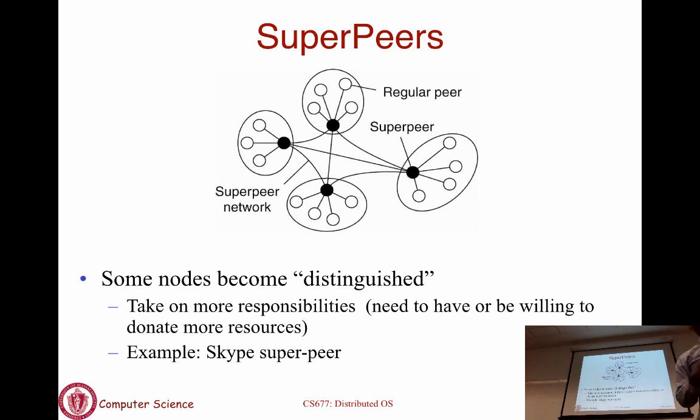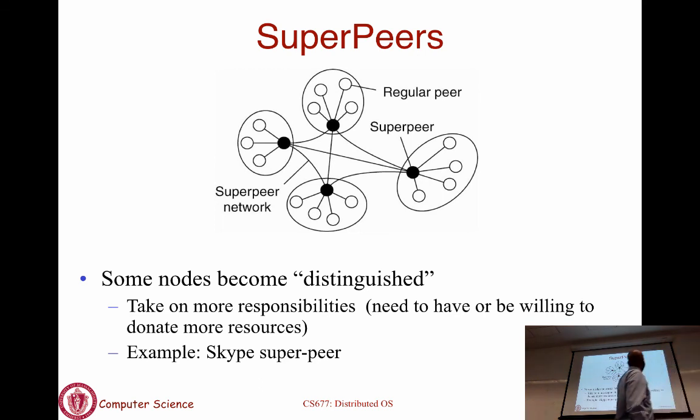Okay, rather than having a pure unstructured topology of this form, you say let the peers make groups, and then within those groups you elect a leader. Okay, and so that leader is going to be called a super peer. Okay? And the responsibility of the super peer is to answer queries on behalf of all those other peers in its group. Okay? So flooding is only going to occur within the super peers, not all the other peers. Okay? So it limits the amount of query routing that has to happen.